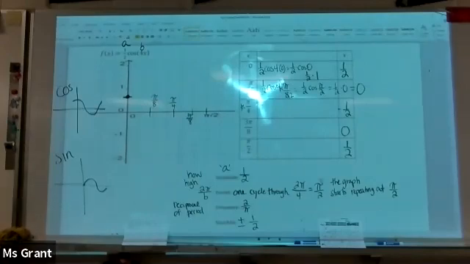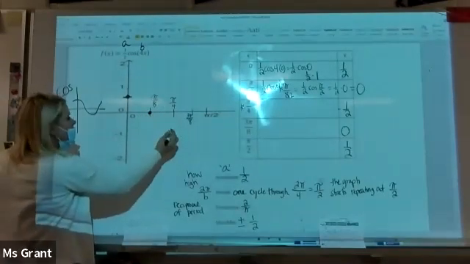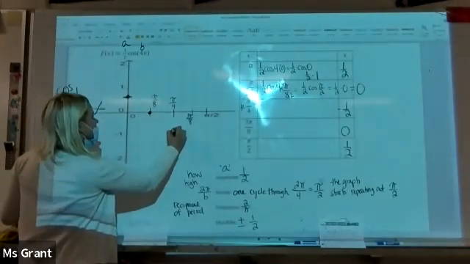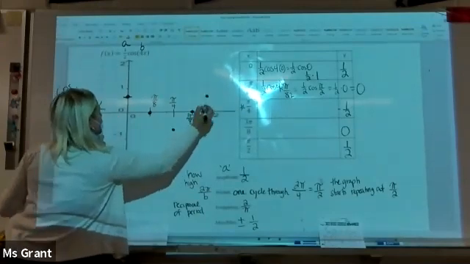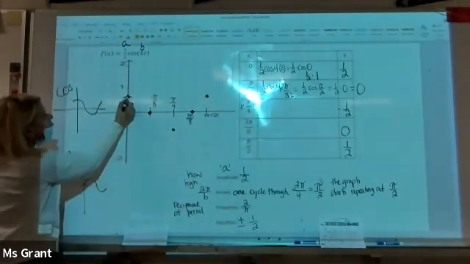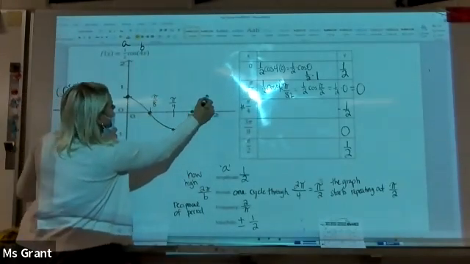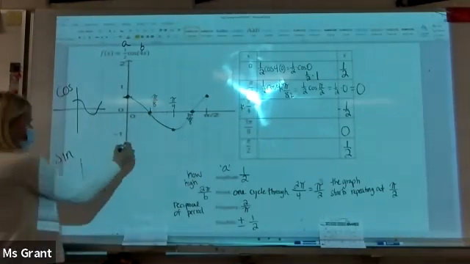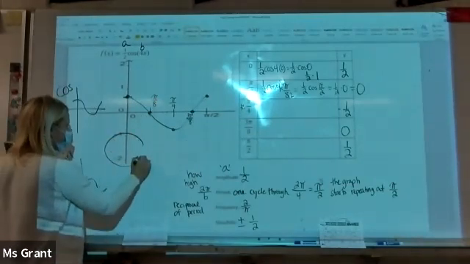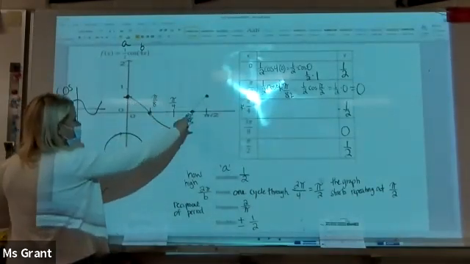Pi over 8 is 0. Pi over 4 is negative 1/2. 3 pi over 8 is 0. Pi over 2, ready? Smooth like butter. That's one cycle. If I put all these curvatures together, I would get a circle. Curve, curve, curve.